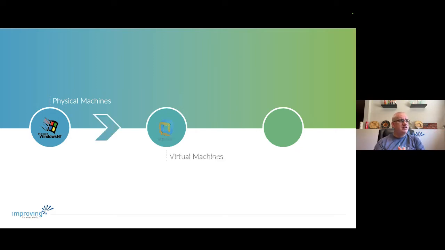And then we moved into this phase where we had this thing called a virtual machine, where we take that OS and that hardware and we virtualize the hardware. So now we could run applications kind of in a little sandbox, where we could run different operating systems within that same hardware, and they would all think that they owned this hardware.